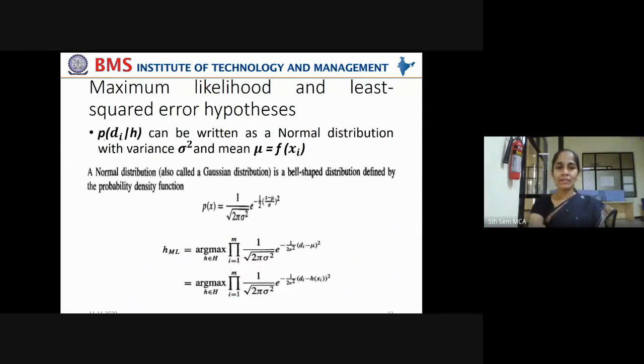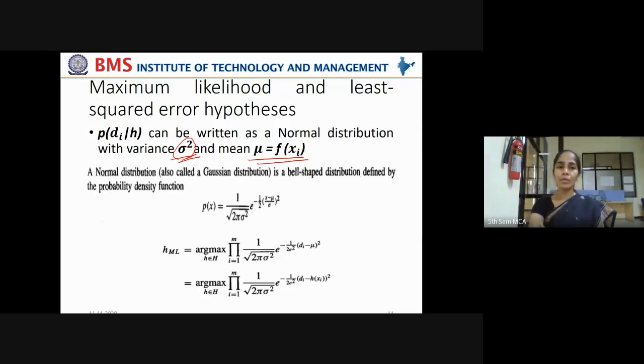Now the probability density function of di, any estimated value given h, can be written as a normal distribution with variance sigma square. Variance means a little more value is predicted or a little lesser value is predicted. What is the error in the predictions? That variance is given as sigma square, and mu, the mean, is the mean of all the values calculated by the linear equation.